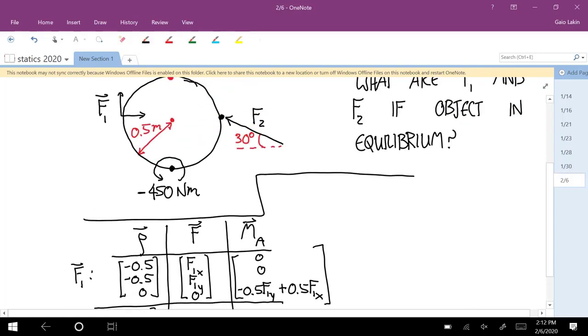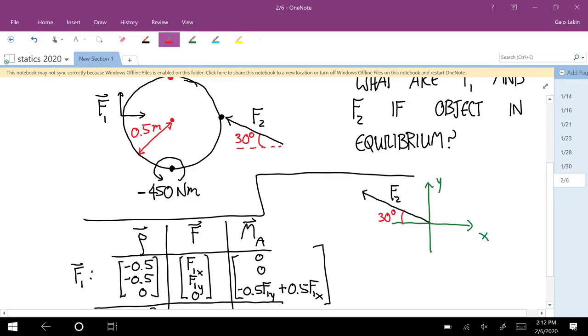The force vector, yeah, exactly. So if this is the coordinate system, and that's the vector, it has a magnitude of F2, and we know that this is 30 degrees.